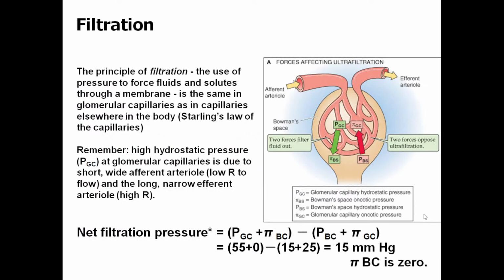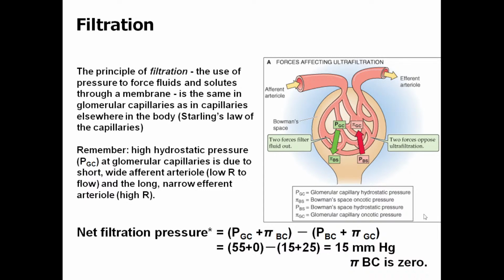Now, let's discuss the filtration and its mechanisms. How will it happen? The principle of filtration uses pressures to force fluids and solutes to move through the membrane, the filtration barrier. And it will be exactly the same in glomerular capillaries as in capillaries elsewhere in the body. That is known as Starling's law of the capillaries.